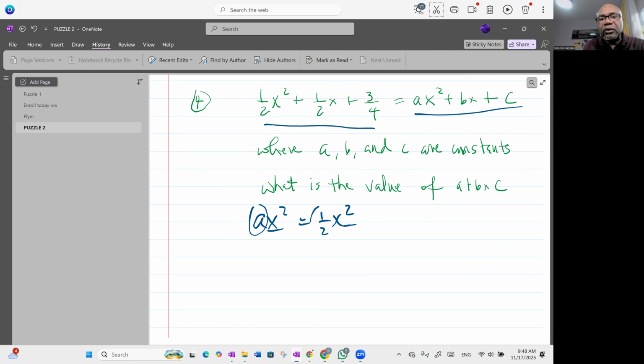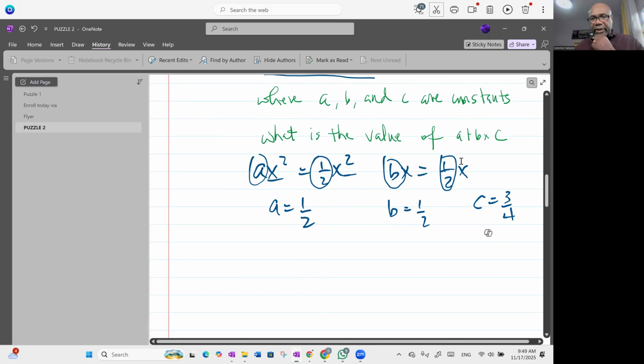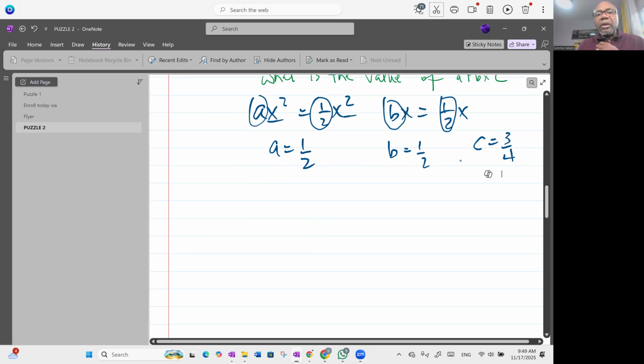So a equals half. And then the bx terms, these are like terms, so it also tells me that b equals half. And then c is the constant, so that's 3/4. And the question is, what is a plus b times c, right?